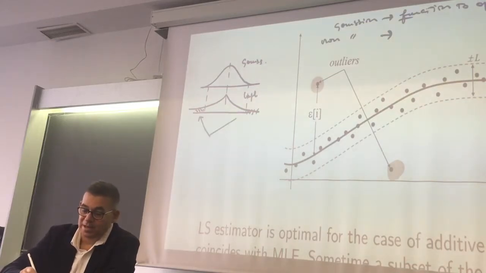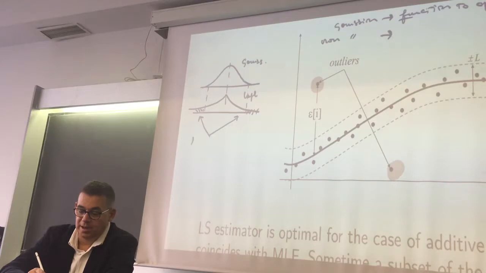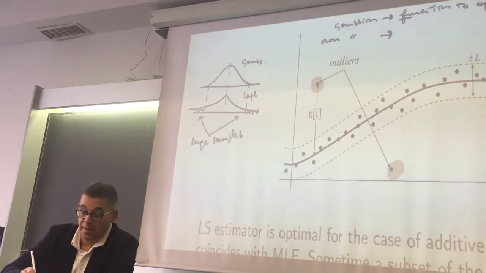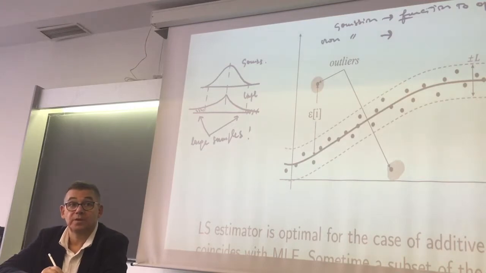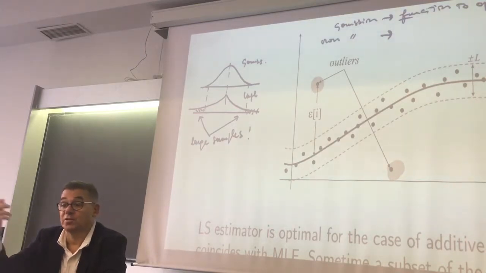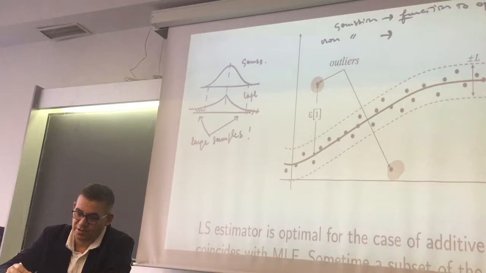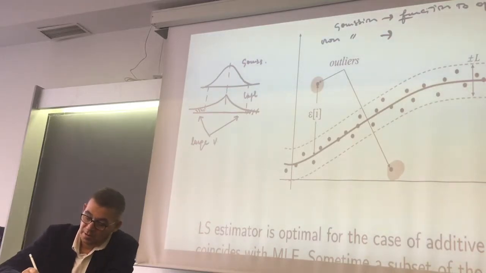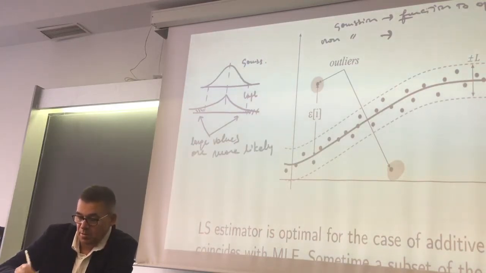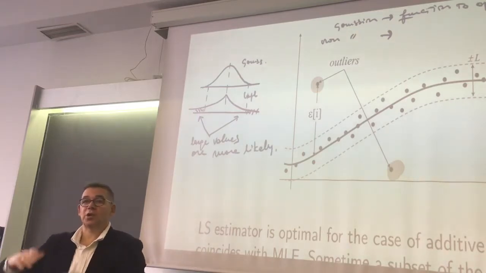So Laplacian distributions are affected by large samples. Large samples means large values. Large values are more likely.